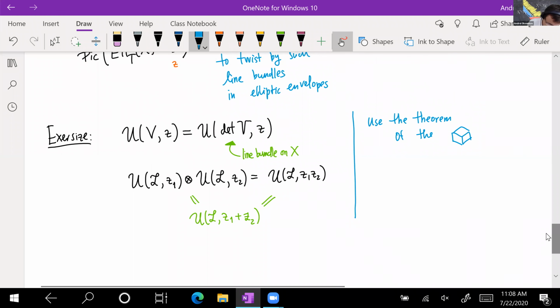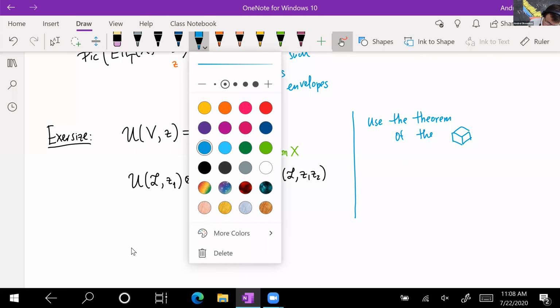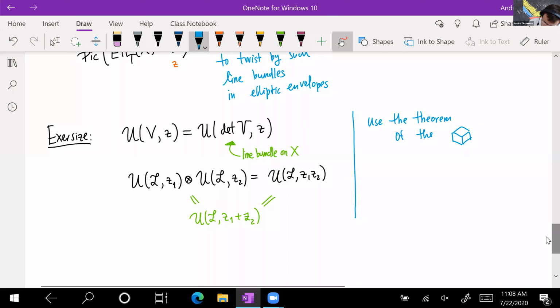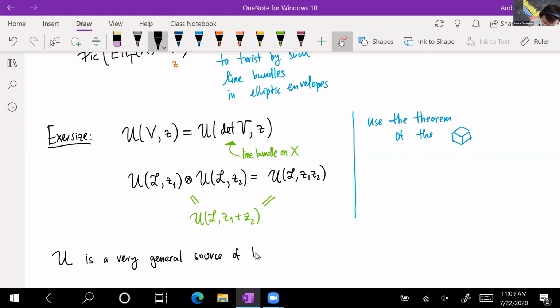Okay, so this we have. So this gives this construction. U is a very general source of line bundles.